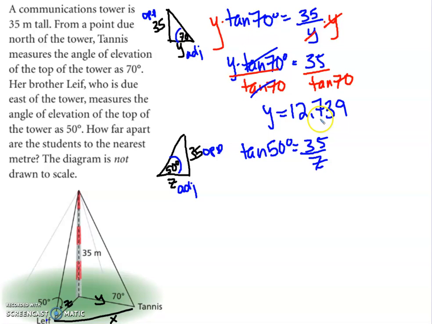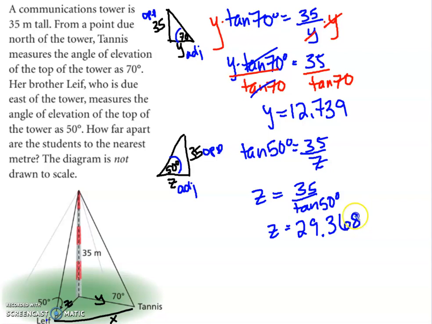So we're going to multiply both sides by z, but then divide both sides by tan of 50. So really, this is going to become 35 divided by tan of 50 degrees. If I plug that in, I get 29.3684.